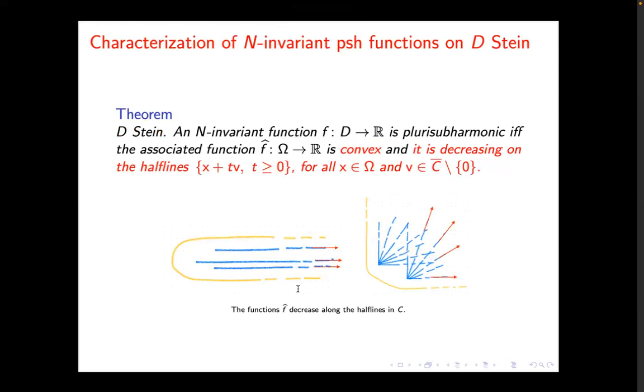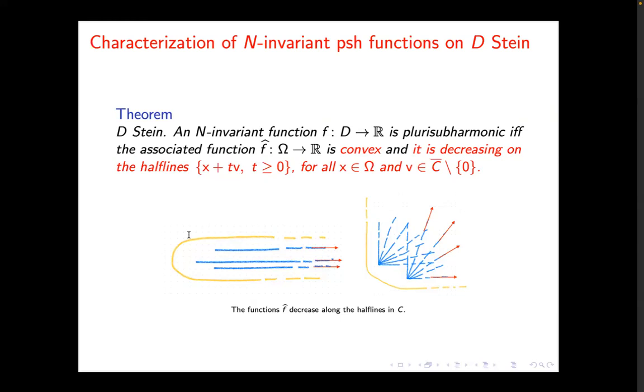Okay, now the statement is about N-invariant functions on D. For two domains, we have a one-to-one correspondence between plurisubharmonic functions on D and convex functions on omega.